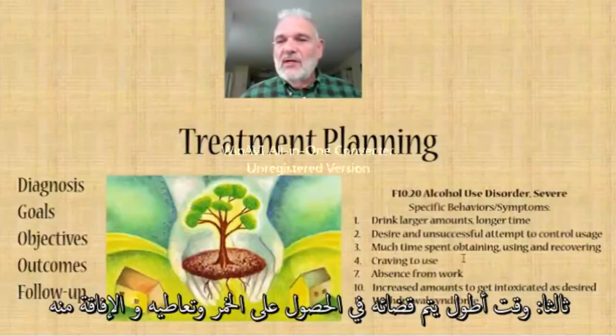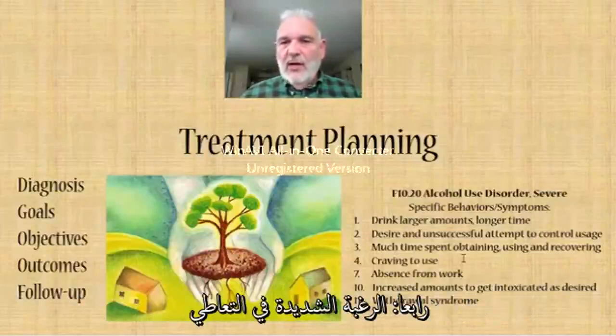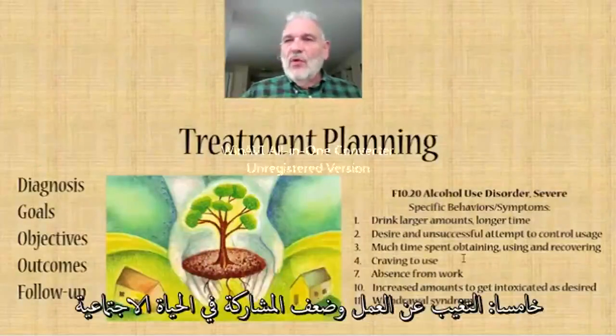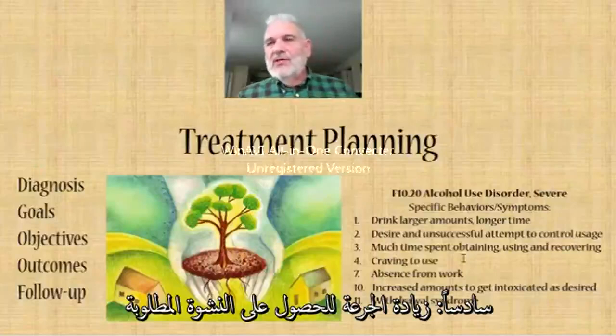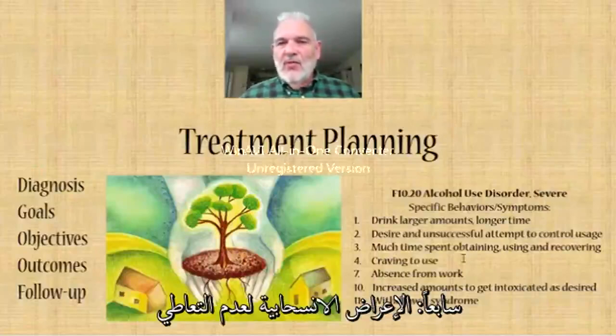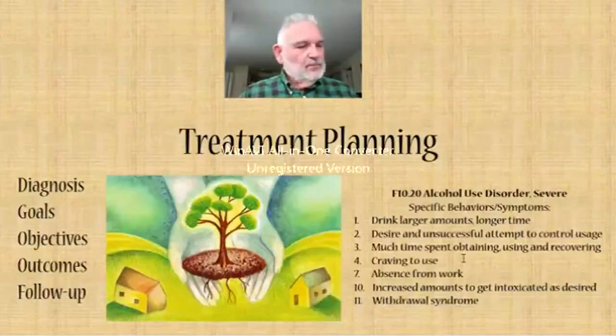Much time spent obtaining and using and recovering from the experience, having a craving for alcohol, missing work or other important social aspects of life, and then importantly we have tolerance and withdrawal. Here increased amounts are needed to get intoxicated as desired, and then there are withdrawal symptoms that the client may experience.